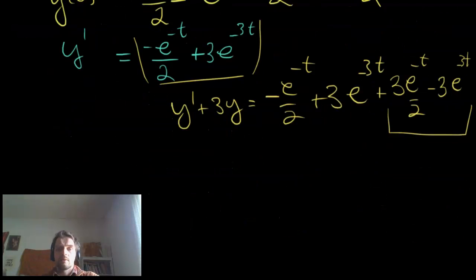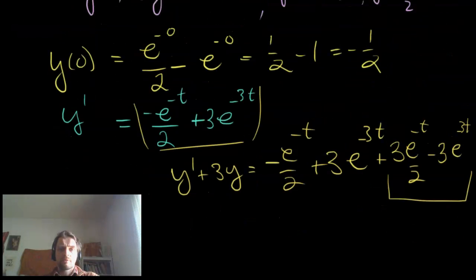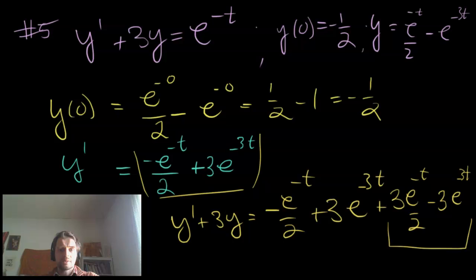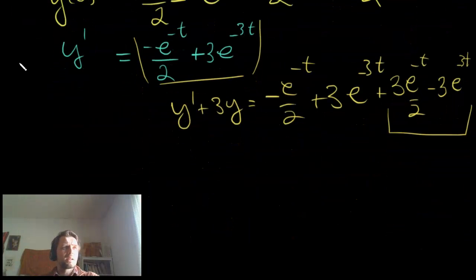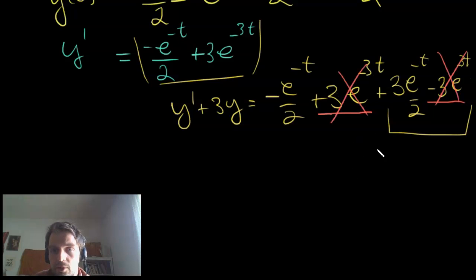Let's scroll down a little bit here. And we want to verify, before I do that, this is equal to e to the power of negative t. Well, that's not too difficult to do, just because we here have negative 3 e to the minus 3t and positive 3 e to the minus 3t, so those will cancel each other out.